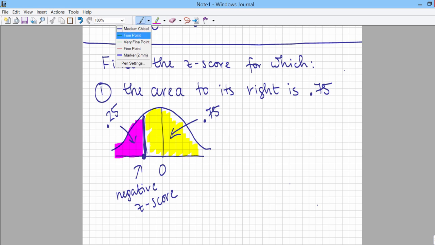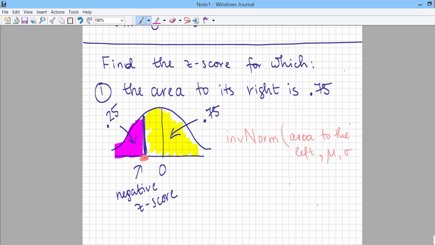Okay, and the command that we will be using is called inverse normal. What it's doing is returning the z-score. It's going to find that cutoff value that cuts your distribution, 25% on the left and 75% on the right. So the idea here is you plug in the area to the left, followed by mean and standard deviation.